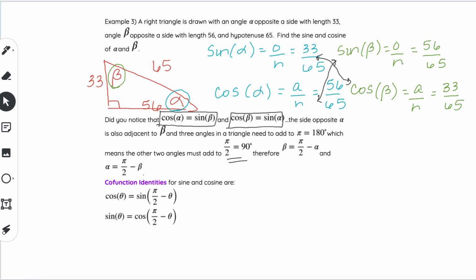So cosine of beta can be found by taking sine of pi over 2, or 90 degrees, minus whatever the angle is, and vice versa.